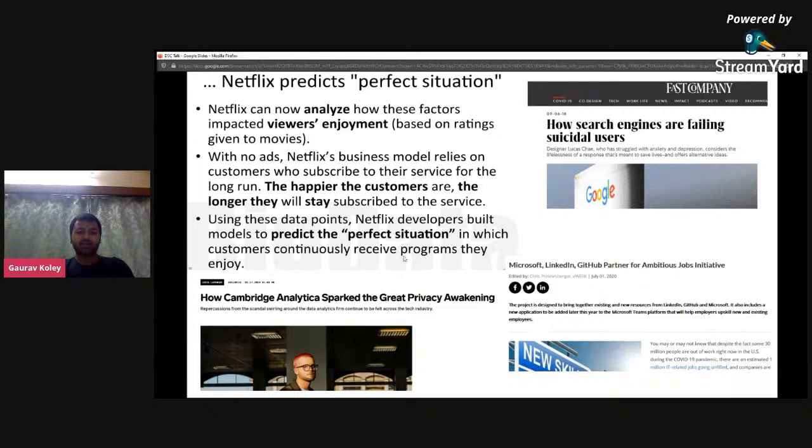Another piece of news that you might know is Cambridge Analytica. This was a company that used Facebook data to create targeted ads for political reasons.